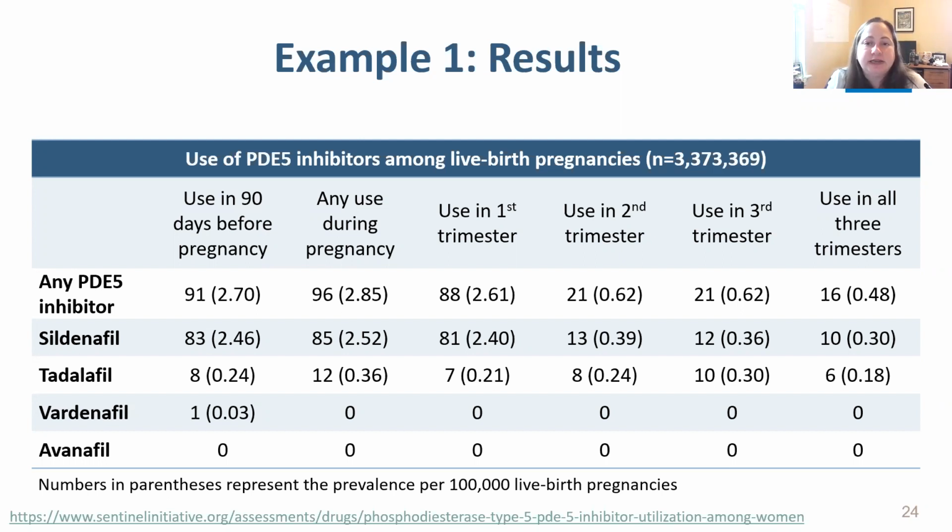The second thing you can see is that use decreases substantially after the first trimester. Here you can see 2.6 per 100,000 live births in the first trimester, and then that drops to below 1 for the subsequent trimesters.